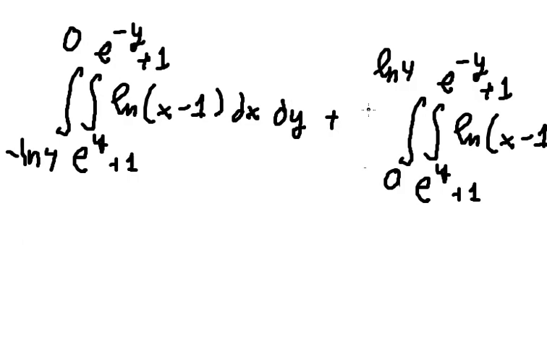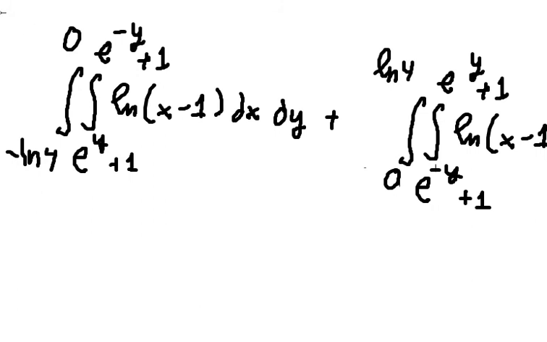This one is e to the power of negative y plus 1. This one we have e to the power of y with positive in here. So now we have two double integrals.